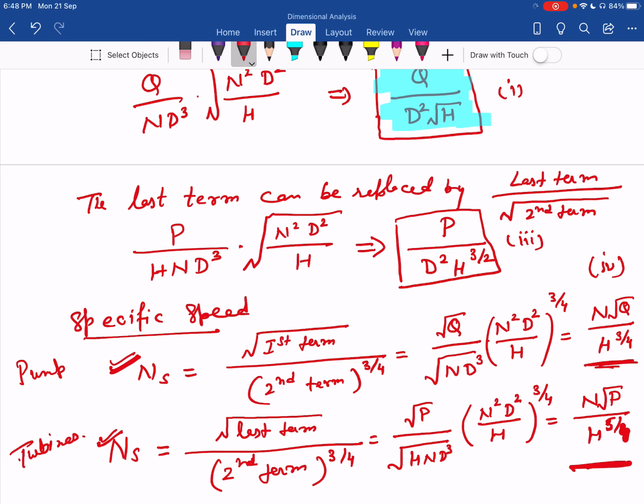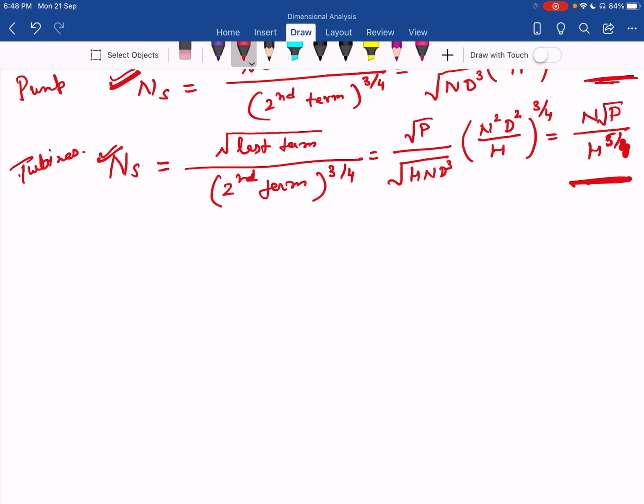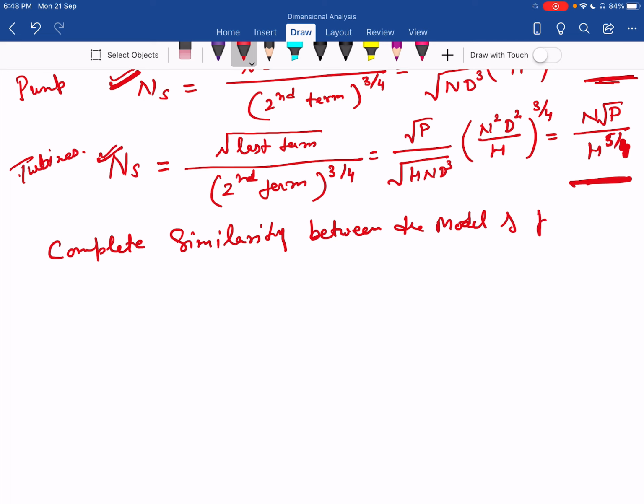Now if I conclude all this, I can write the necessary conditions for complete similarity between the model and its prototype.